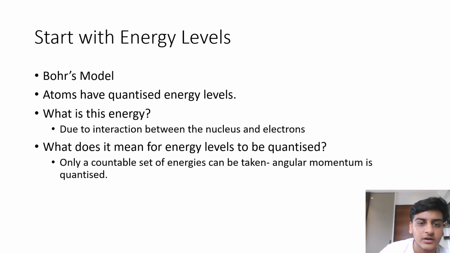And in Bohr's model of the atom, we talked about this quantization with respect to angular momentum. We said that the angular momentum values you can take have to be an integer multiple of some base value, right? That was what we did in Bohr's model of the atom.